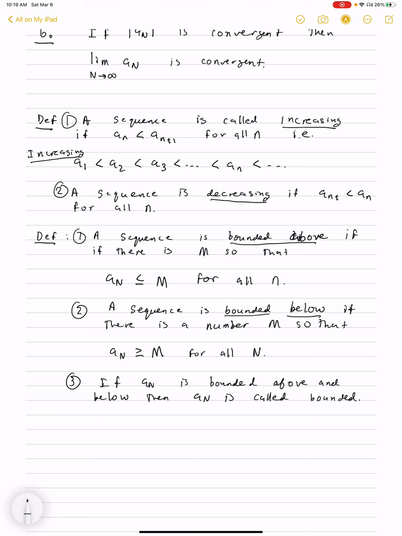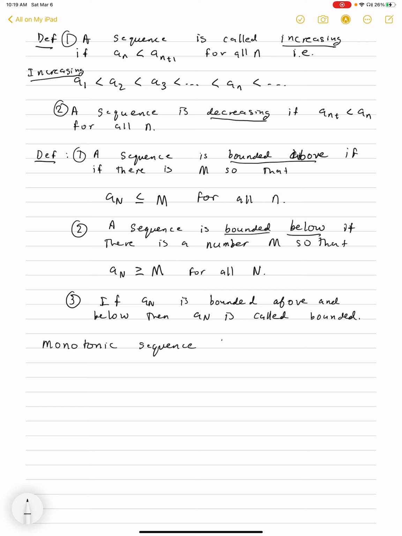It's called the monotonic sequence theorem, and it says every bounded monotonic sequence is convergent.